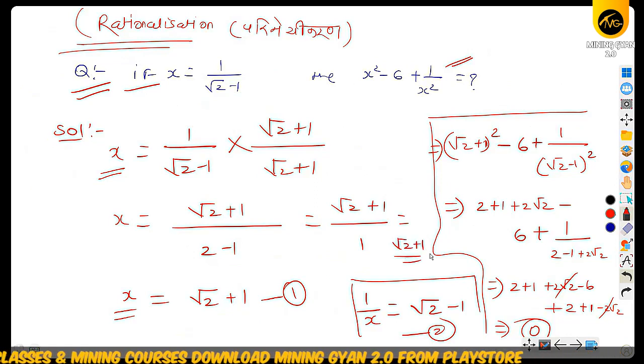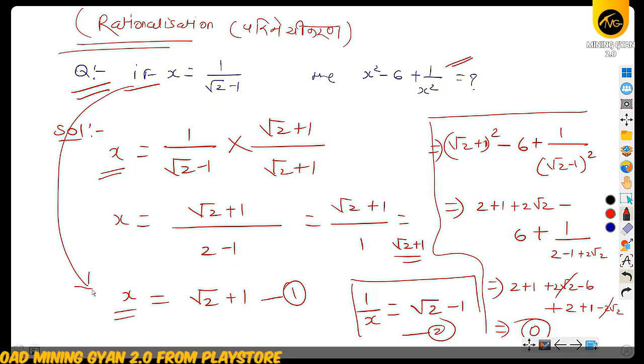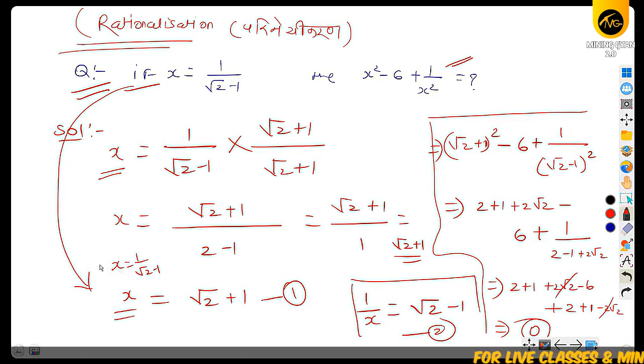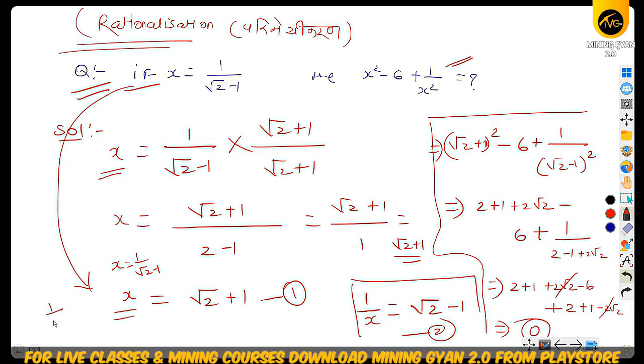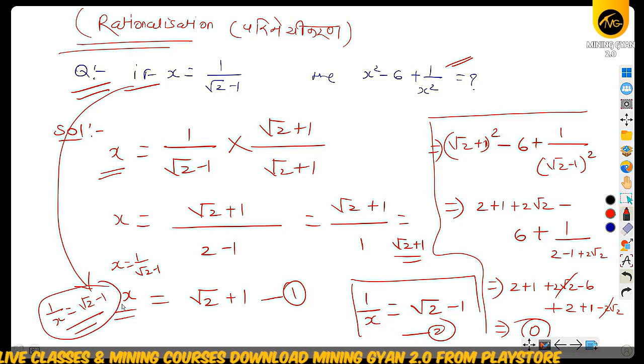Now forget all the concept of surds, but directly we can use this expression, like x is equal to 1 divided by root 2 minus 1. So just transfer root 2 minus 1 to the left hand side and x to the right hand side, right? Just transfer the values. So 1 divided by x is equal to root 2 minus 1.